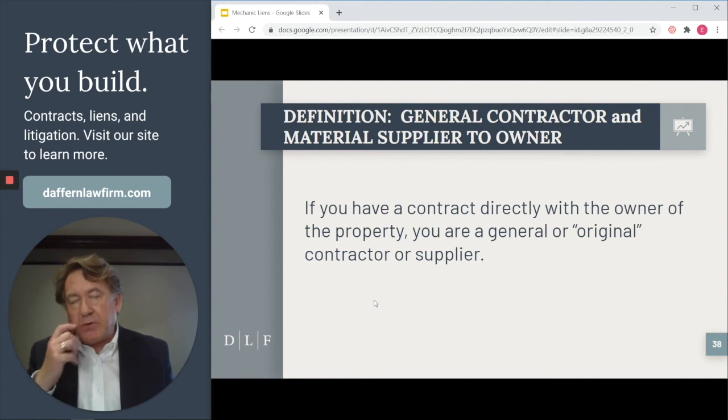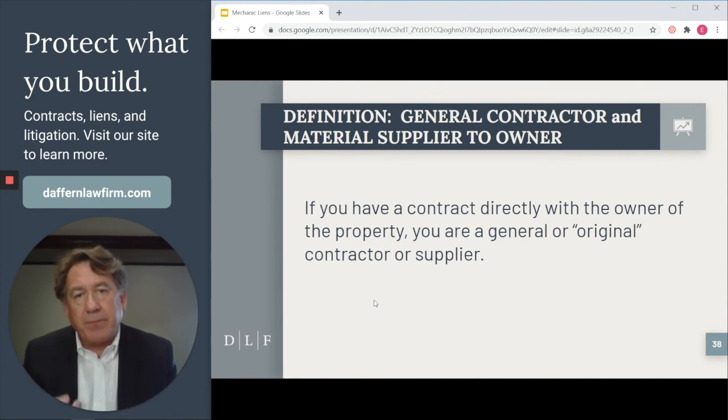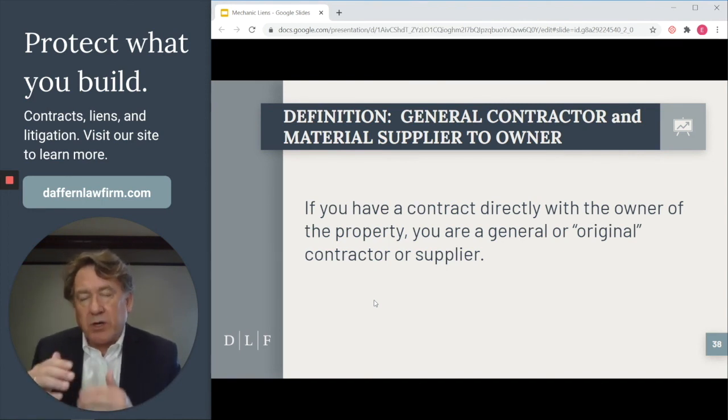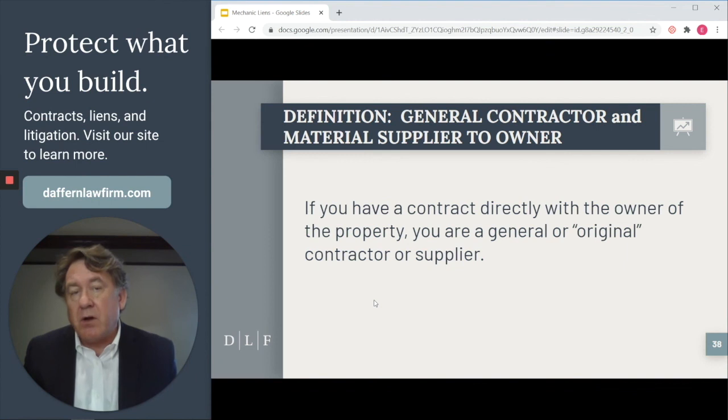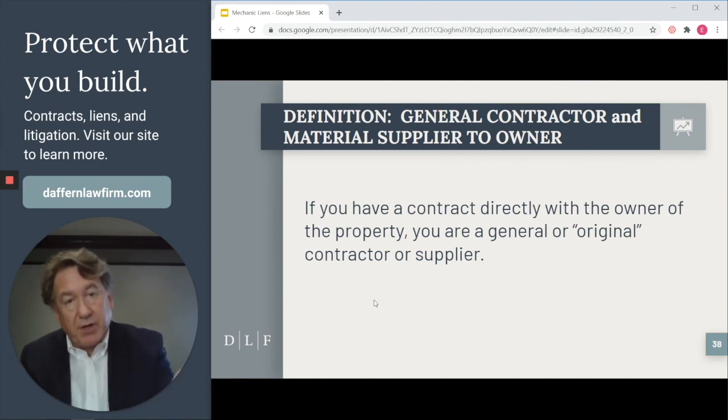Now, to make sure that you know which documents to file, it's, again, very important to know where you are in the hierarchy of this project. Are you a general contractor? Are you a material supplier? Are you a subcontractor? Just remember what we talked about in the initial video: a general contractor or a material supplier to the owner is someone who has a contract directly with the owner.